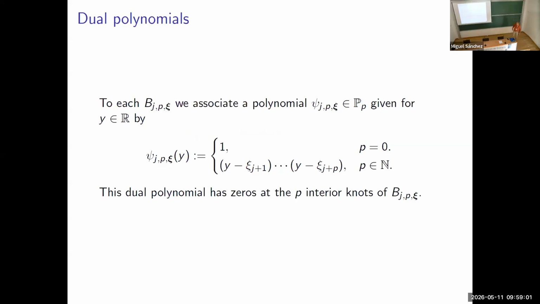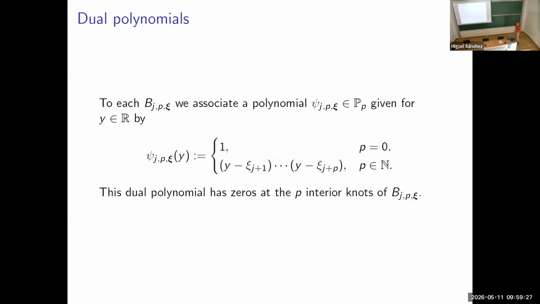The way I'm going to do it is via what's known as dual polynomials. The dual polynomial of degree p is a polynomial of degree p that has zeros at the interior knots of B_j.